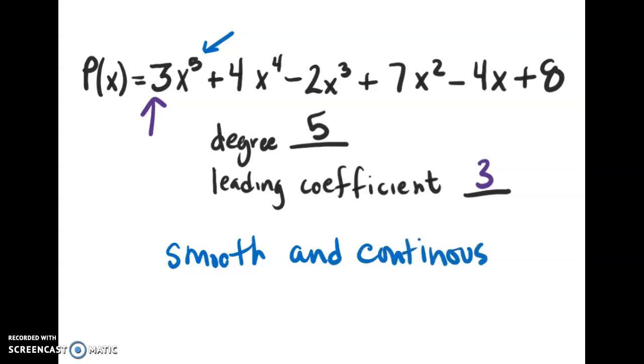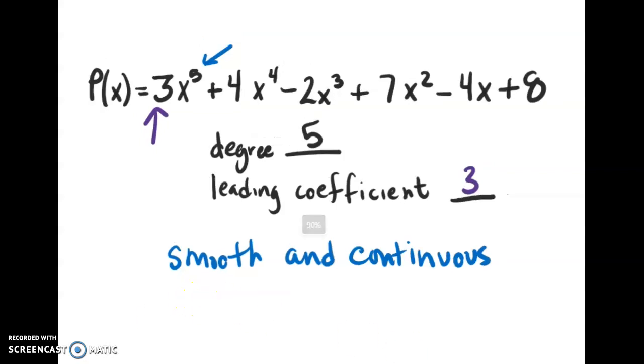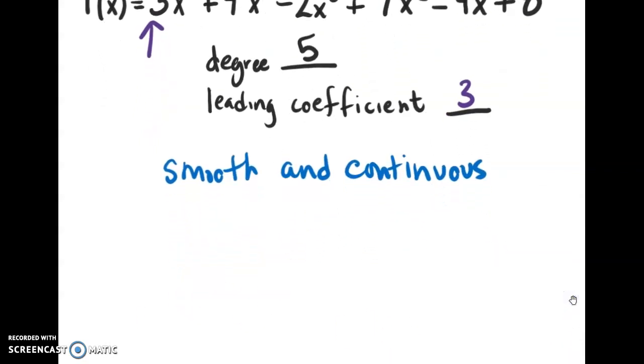By the word smooth, I mean that the graph is going to contain only round curves and no sharp edges. And by the word continuous, I mean that you're going to have no breaks and you could draw the whole graph without lifting your pencil on the rectangular coordinate system.